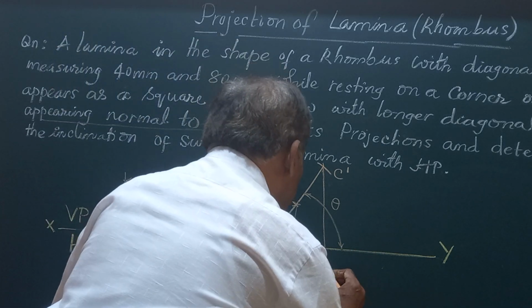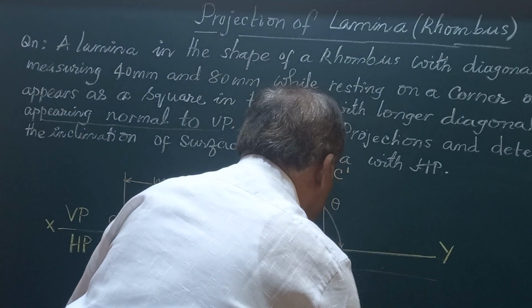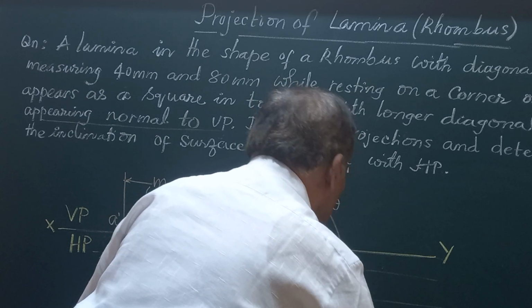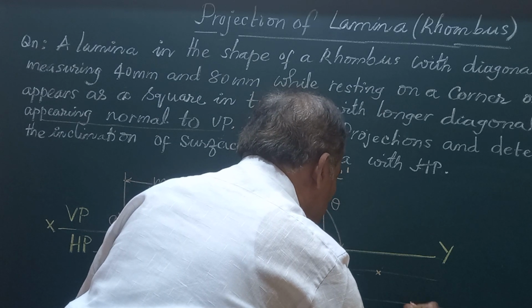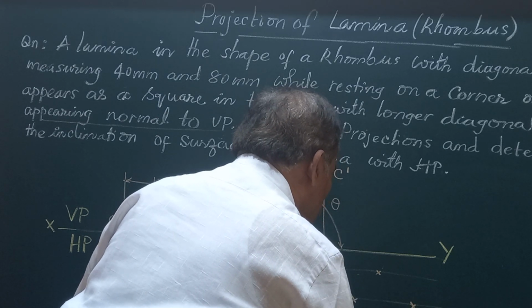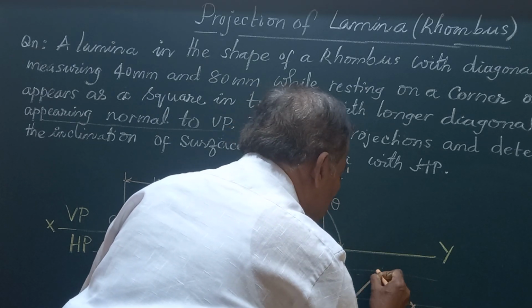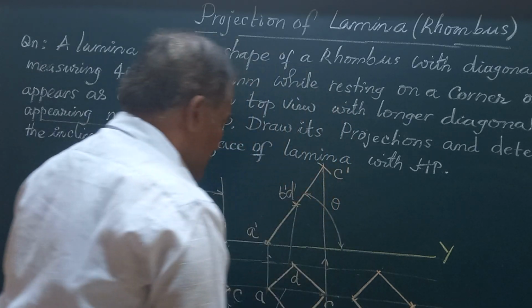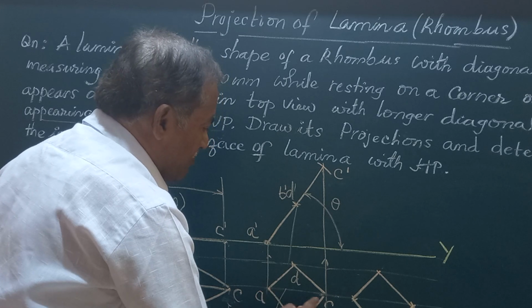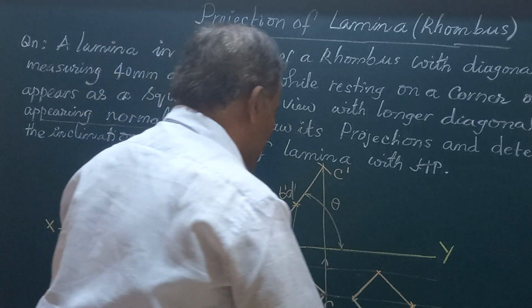So friends, adjacent to this or anywhere here, we can draw another square, a similar square with the same dimension. So I am going to get another square here, but the condition is that the line AC which was parallel should become perpendicular.